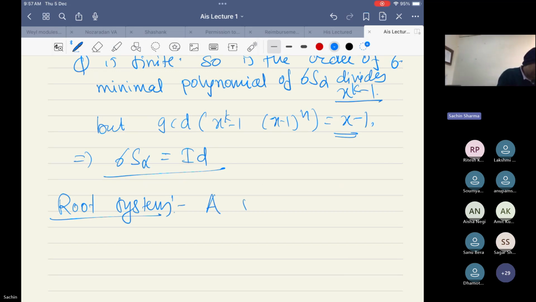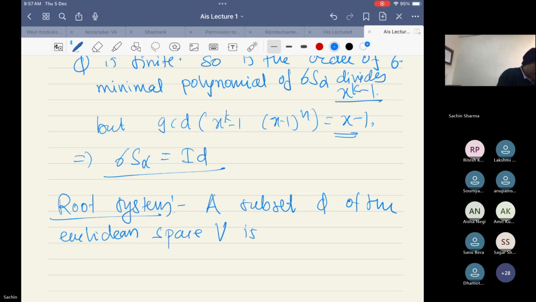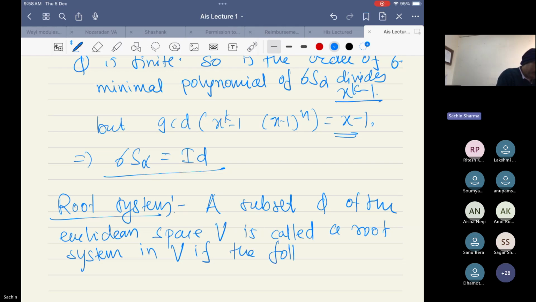A subset phi of the Euclidean space V is called a root system in V if the following axioms are satisfied.